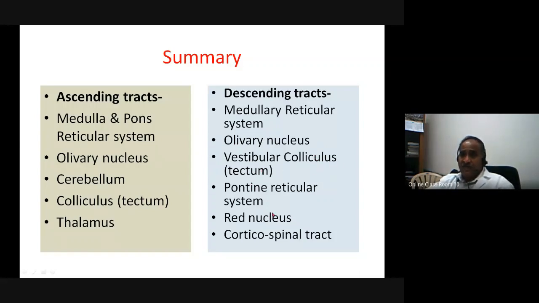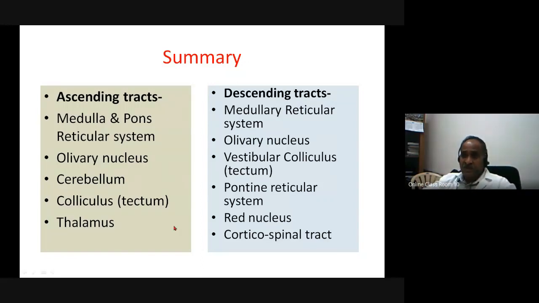the tectum, the pontine reticular system, the red nucleus, rubrospinal, corticospinal tract. Now, what you see here, in the descending tracts, there is no direct communication from the cerebellum or the basal ganglia. You can see that cerebellum receives inputs, but cerebellum gives outputs to the olivary nucleus and to the vestibular nucleus or to the reticular system to bring about the posture regulating activity.